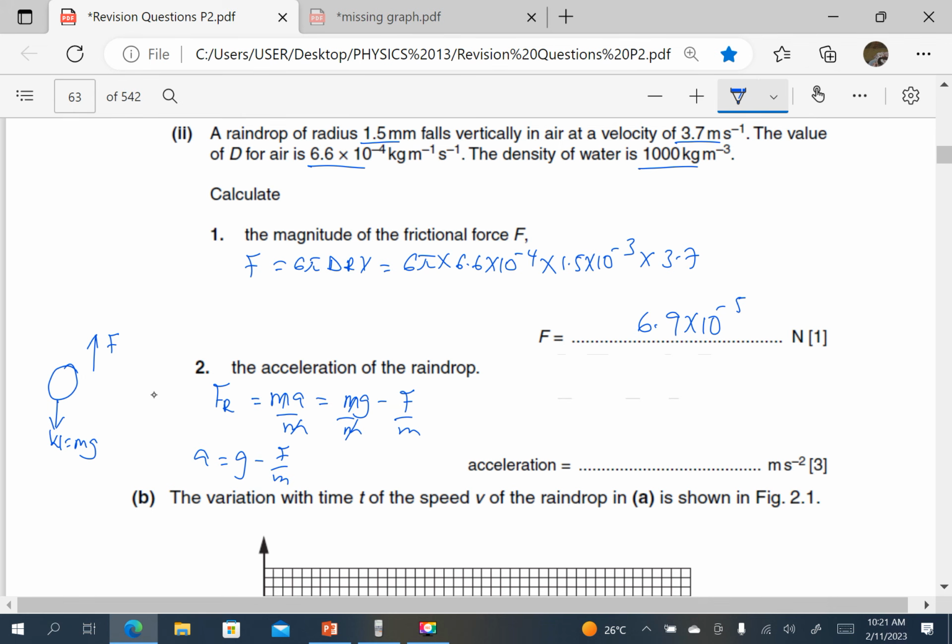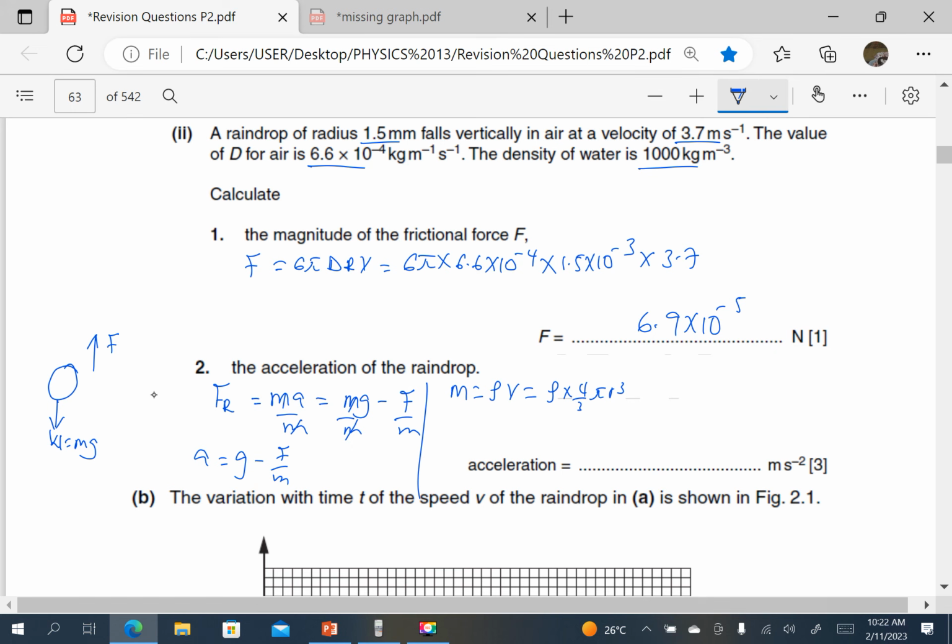Remember, we can find m from density times volume. Because it is a raindrop, we can assume it is spherical. So the mass m is equal to density times volume, which is the density times 4 over 3 pi r cubed.